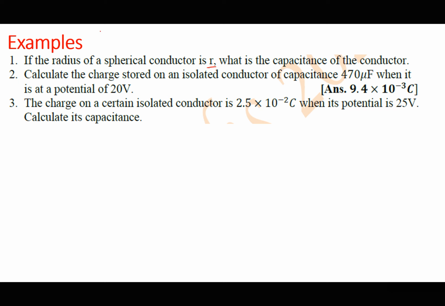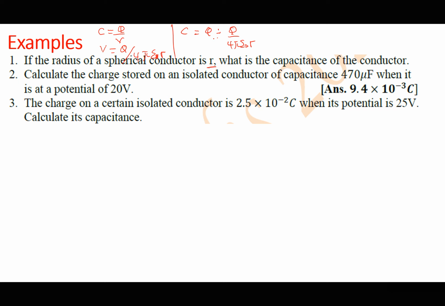So I've just said by definition of a capacitance of a conductor, capacitance is charge per unit potential, and we have said potential V is equal to a constant K times Q over R, which is the same as Q divided by 4 pi epsilon naught times R. So it means the capacitance therefore is going to be equal to the charge divided by the potential, which is Q divided by 4 pi epsilon naught times small letter r.